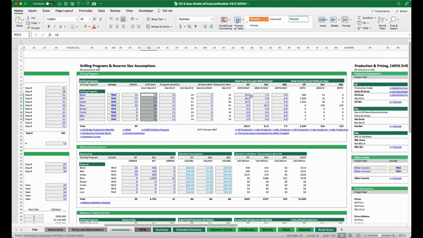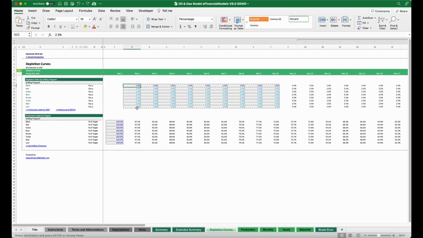So far we have entered assumptions to estimate the daily output at peak production times. But in reality, these oil wells decline, the output declines over time. And what we need to do is to model the decline rate of these production levels. We have here a sheet where, for each drilling program, we can estimate by how much production levels will decline each year.